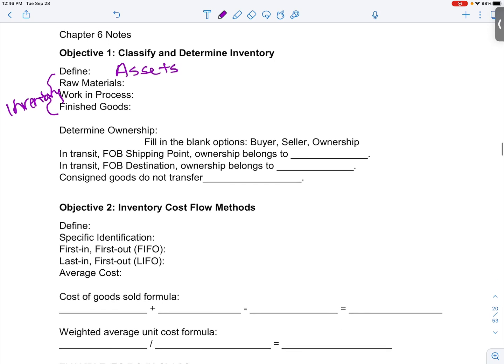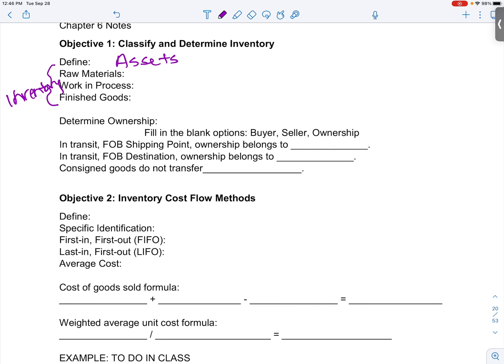And as a review, we need to make sure we understand the FOB shipping point and FOB destination that we talked about previously, and what happens to that inventory, especially when it comes to who owns it at what point. So if it is FOB shipping point and those goods are in transit, the ownership belongs to the buyer. Where if it's FOB destination, ownership belongs to the seller.